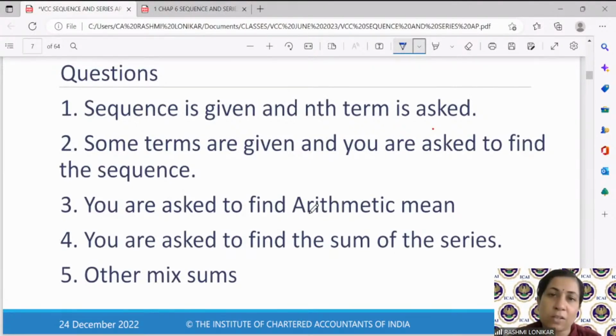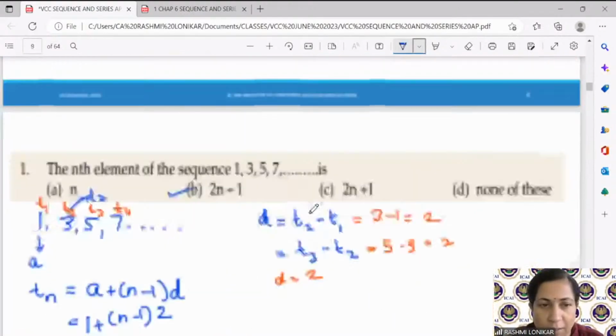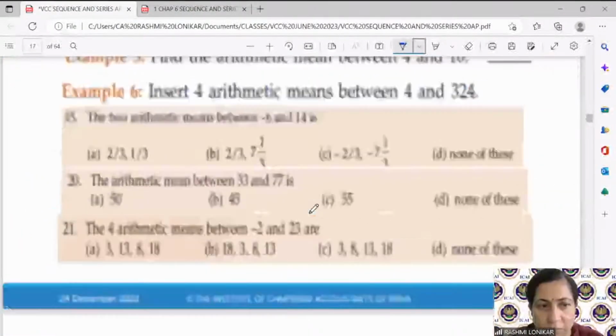Then third is you are asked to put arithmetic means between 2 numbers. Or they may ask you to find the sum of the series, and some mixed problems when you have something in AP and GP, or you have to take something common out and then what remains is an AP, those type of sums. Okay. So we have done a lot of sums like that, and we are now, let me see, where were we?